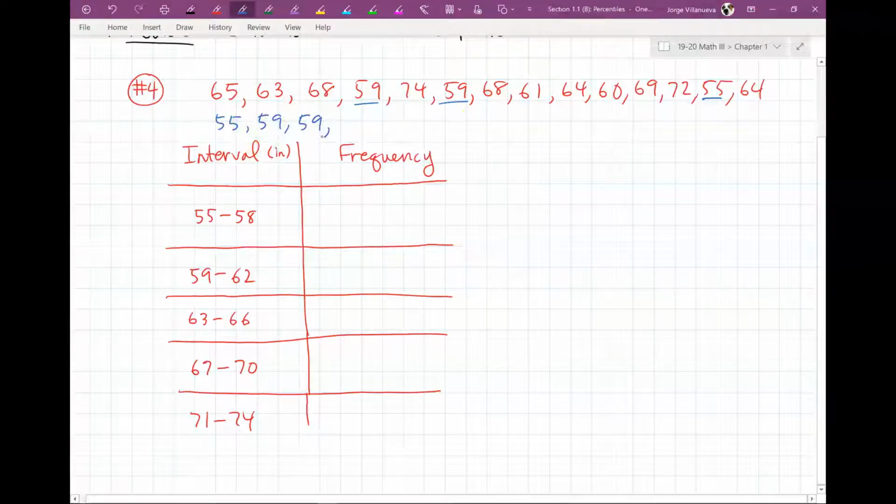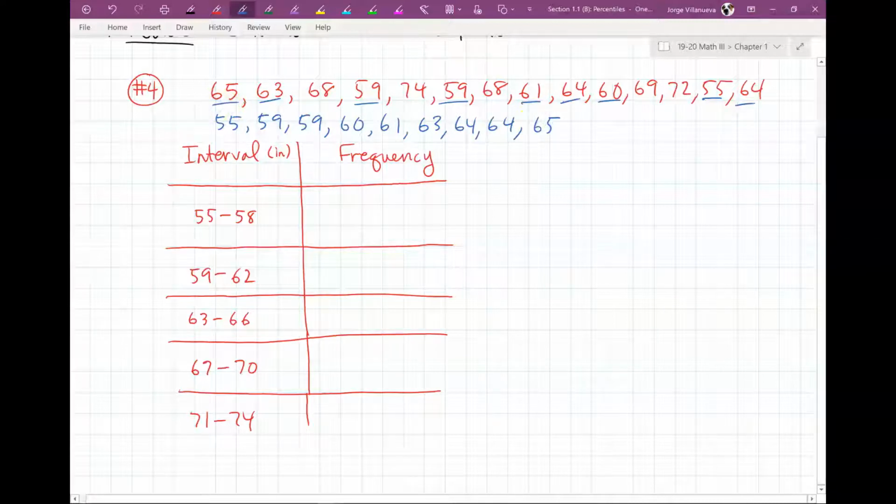After that, I see a 60. Okay, so there's a 60. Then a 61. And then a 63 right there. And two 64s, I think I see. So two 64s. So those are done. I see a 65 and only one of them. So 65.